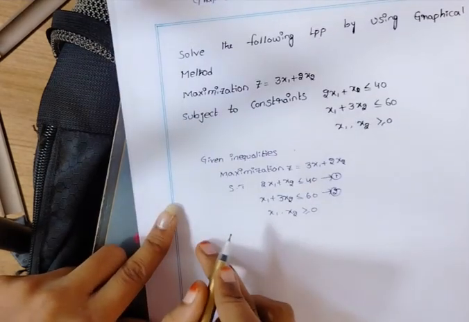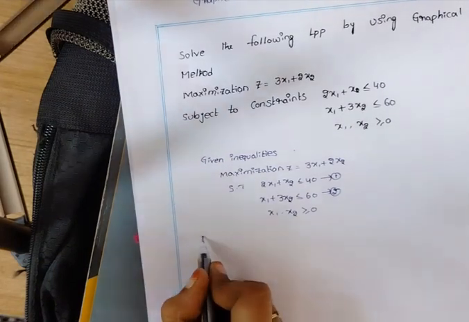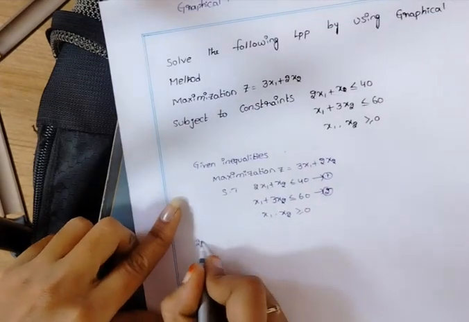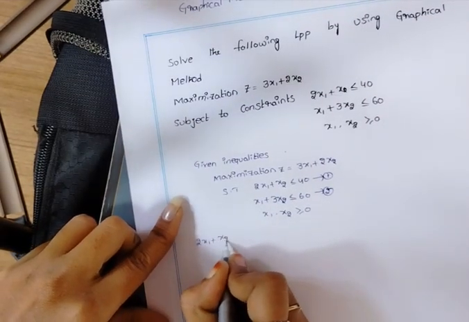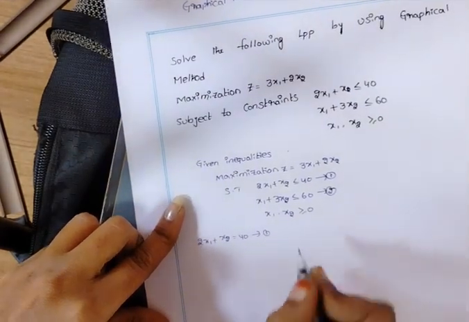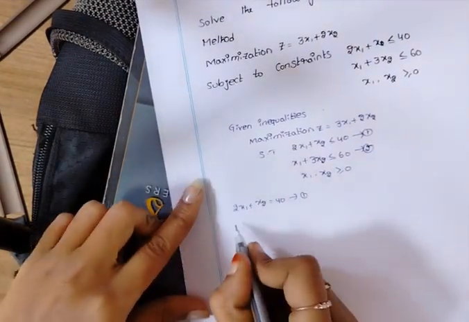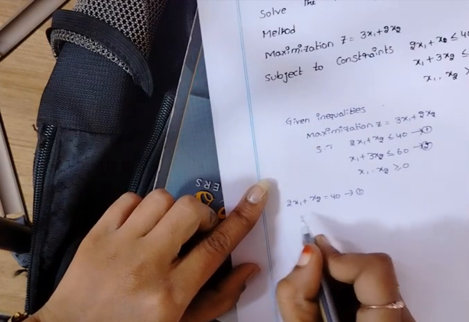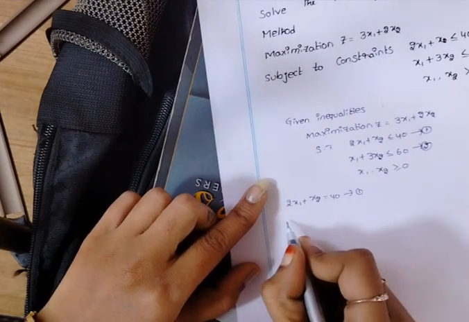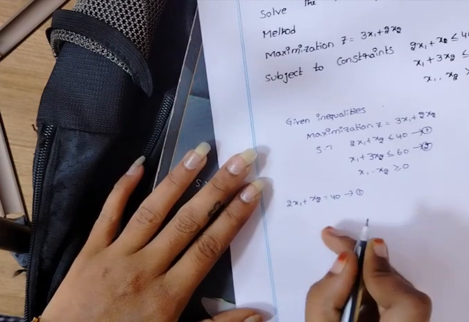First we have to find the first equation. 2x1 plus x2 is equal to 40. This is the first constraint. We need to find the values for x1 and x2. So the first thing is we need to take x1 as 0.